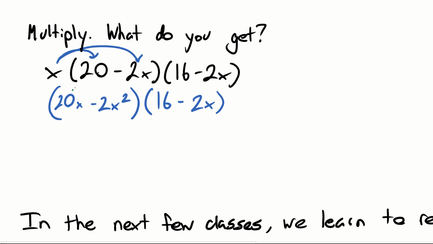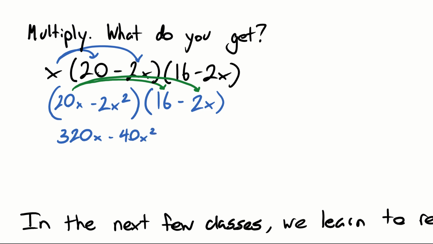So let's see here. I got 20x times 16. What's 20x times 16? Oh, okay, that's a big number right there. That's 320x. Then we've also got 20x times negative 2x. That's negative 40x squared.